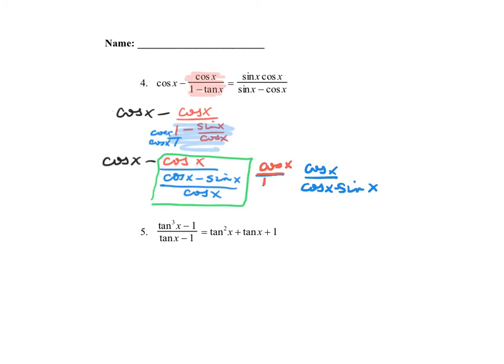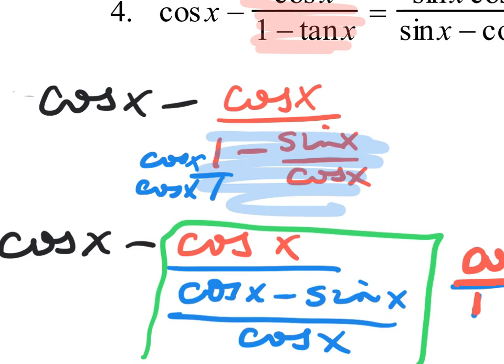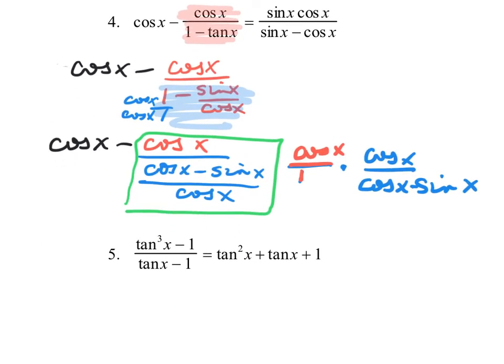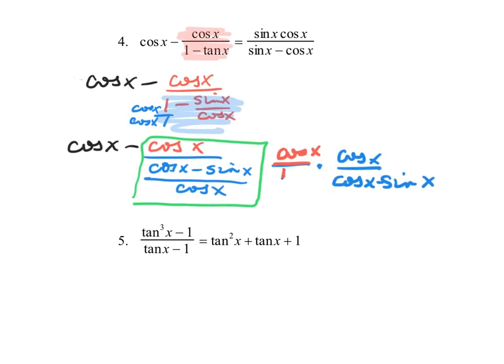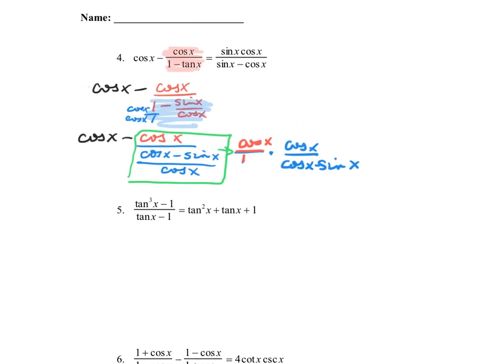Oh, cosine x. Okay. All right. So this green is what I'm dividing here. So now, once I multiply this, this becomes cosine squared x over cosine x minus sine x.